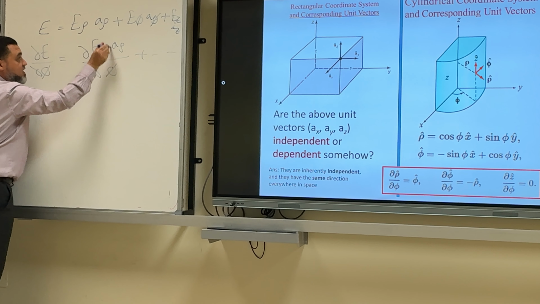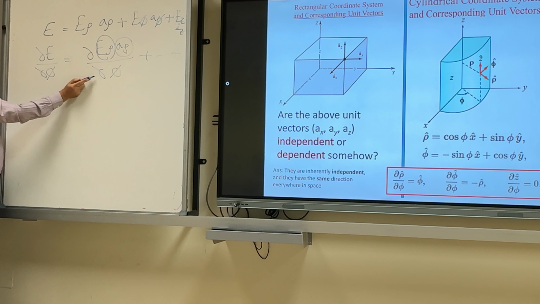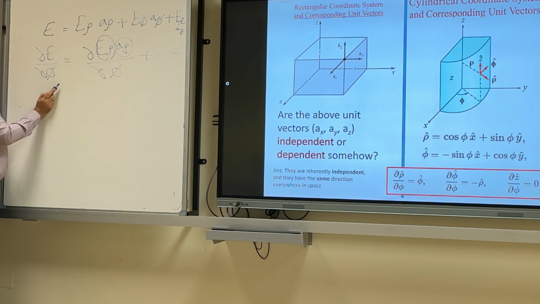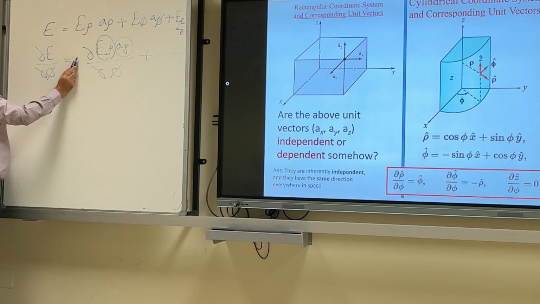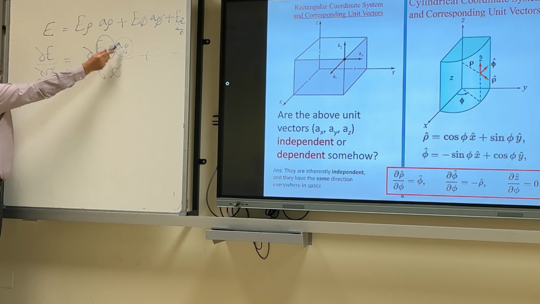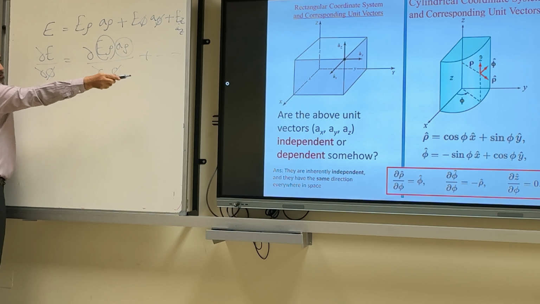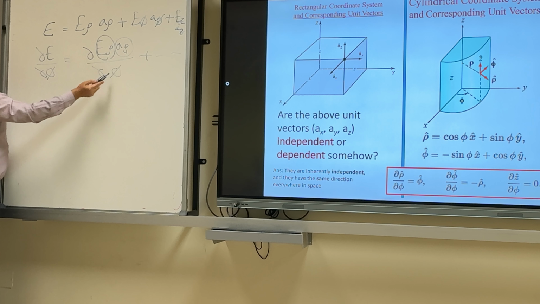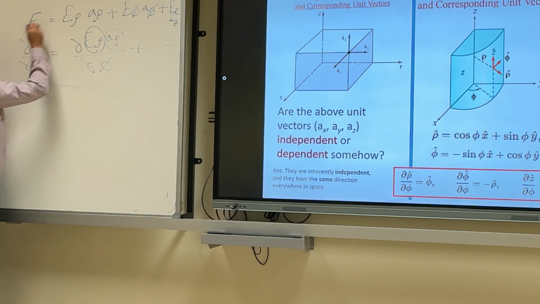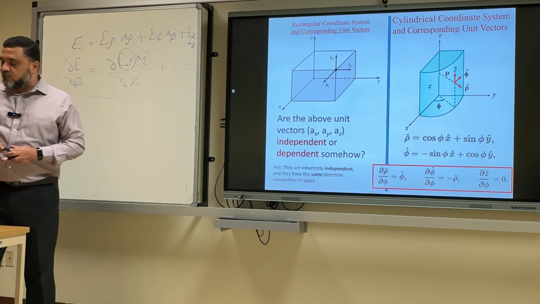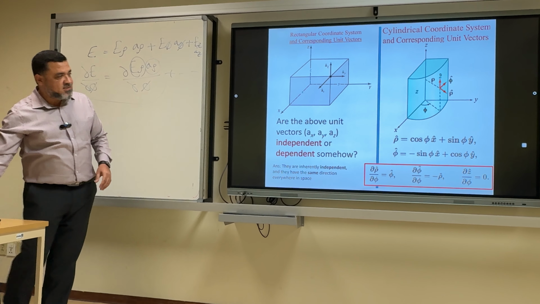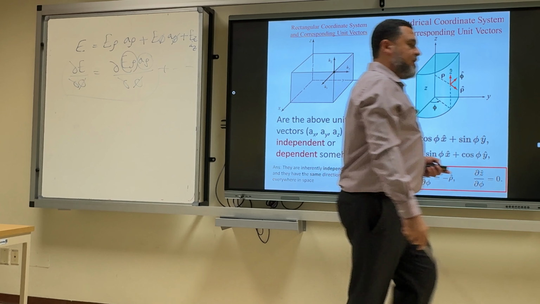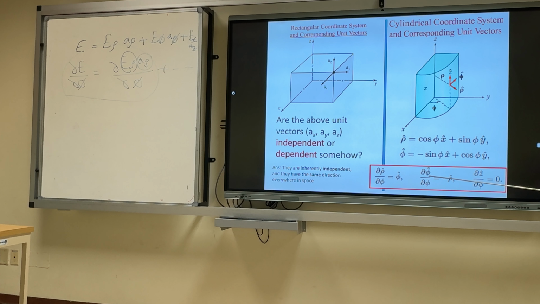Now you need to differentiate the unit vectors too, and the differentiation will hit both of them. If it is a_x, you will take it out. If it is a_y, you will take it out. a_z, easy, you will take it out. But here, you cannot take it out because the partial of a_rho with respect to phi is in the phi direction. This is the main difference that makes dealing with cylindrical coordinates not very straightforward, unlike Cartesian coordinates. We will face this problem when we solve the wave equation in cylindrical coordinates, as we have seen last time.